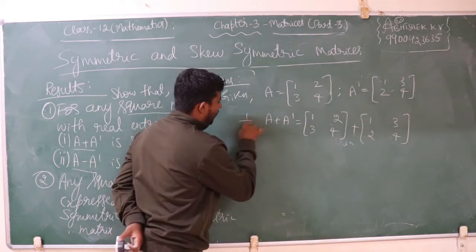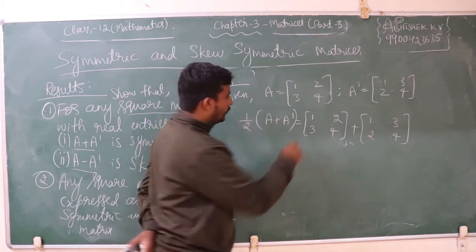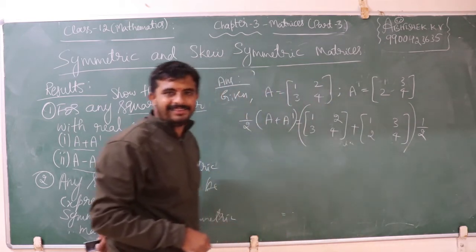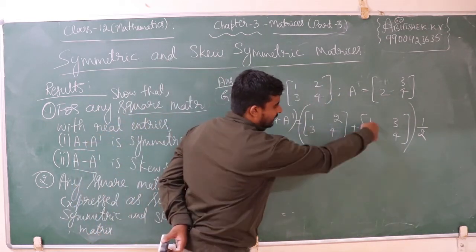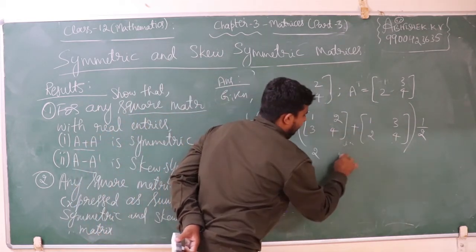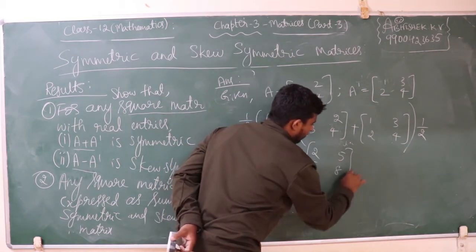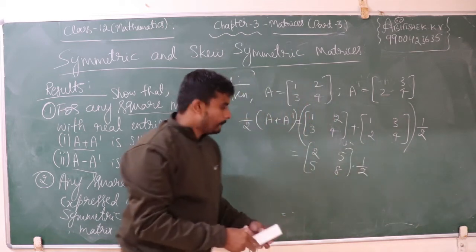We should consider half of it, so this is multiplied by the constant 1 by 2. 1 plus 1, 2. 2 plus 3, 5. 3 plus 2, 5. 4 plus 4, 8. Into 1 by 2.